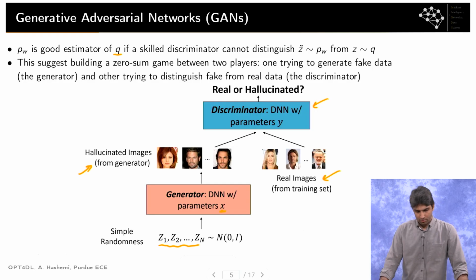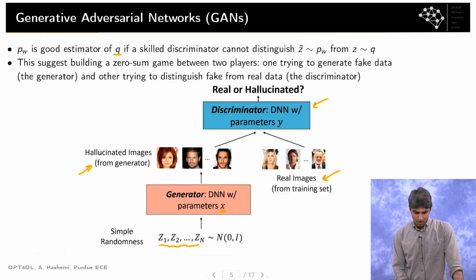This is the main idea and the main procedure to train generative adversarial networks for the sake of generative modeling. It is intuitive to call these adversarial networks because they have these competing goals.